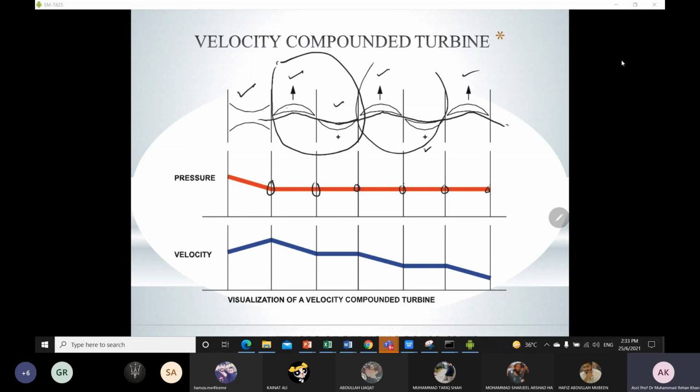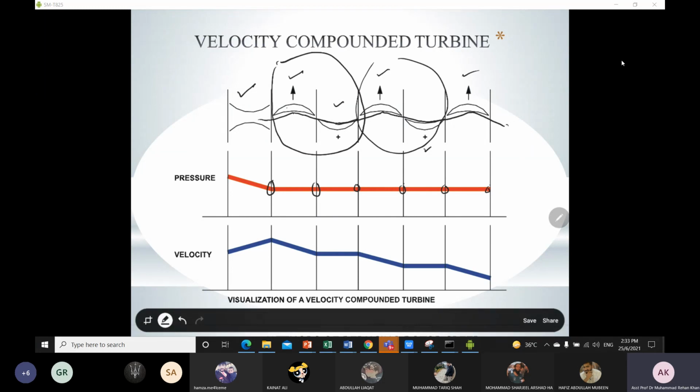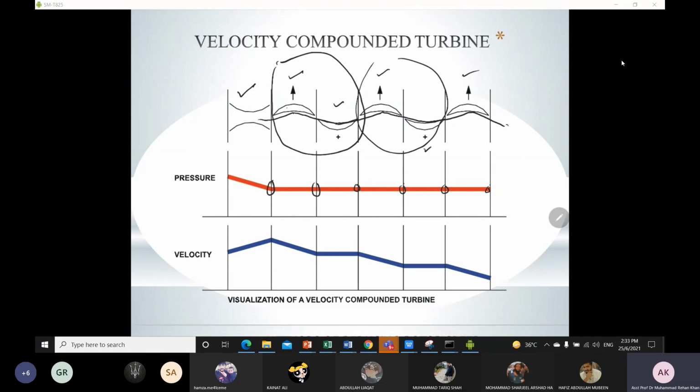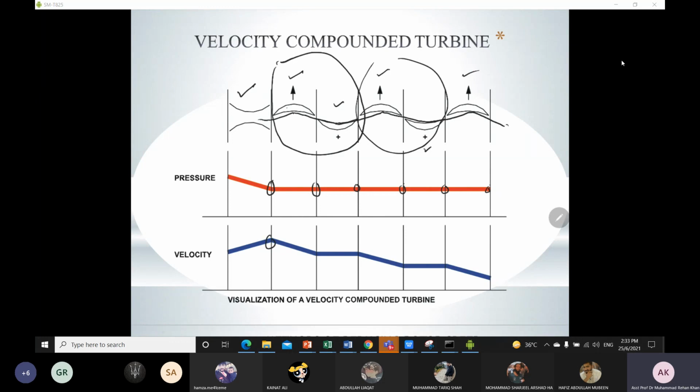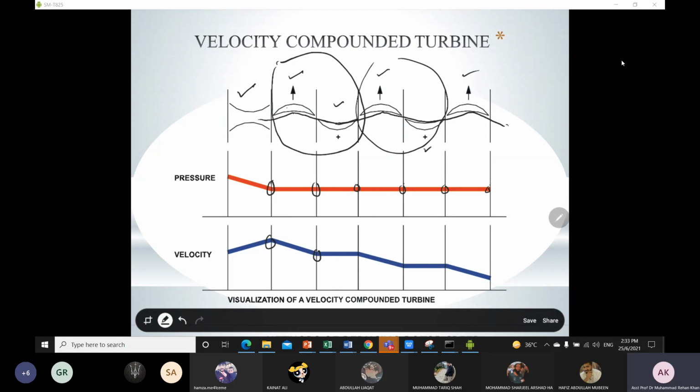This is another stage, and then there is another stage. So the pressure remains constant in the velocity compounding method. Now coming to the velocity diagram. Velocity is increased at the end of the nozzle. Then as it passes through the moving blade, because there is absorption of kinetic energy, the velocity definitely decreases.